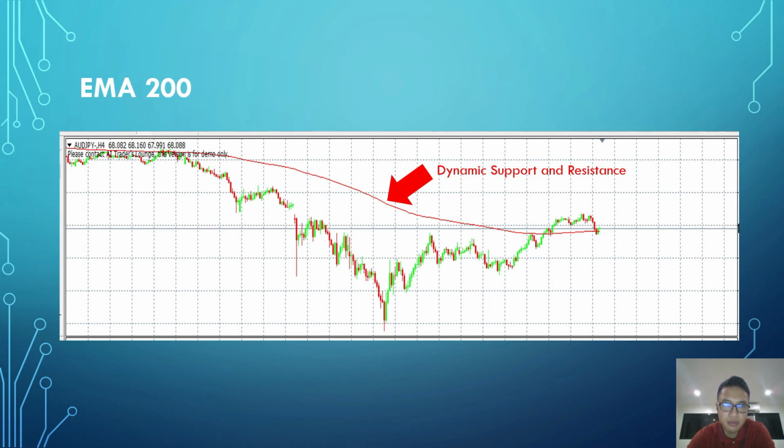By the way, I've chosen this because the exponential moving average, or EMA 200, is the exponential moving average of the past 200 candlesticks. Some of you are new to Forex, I know, so you could search about EMA 200 if you want to learn about this.